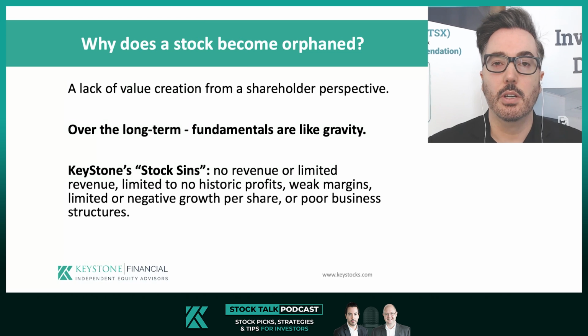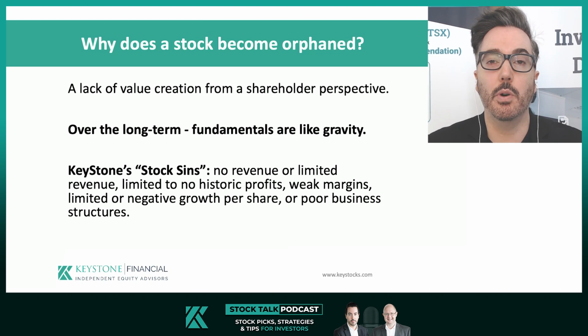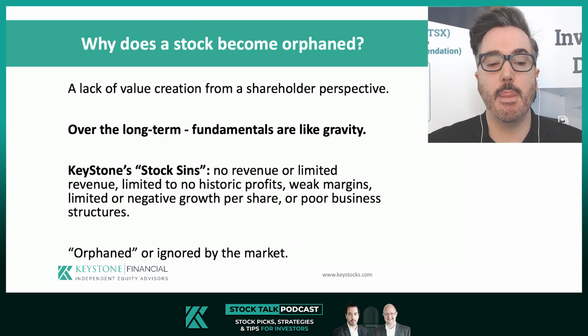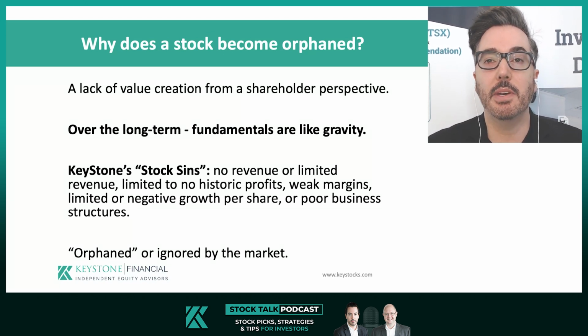Basically, these sins are essentially the antithesis of what we are looking for in a great long-term stock. Now, if a stock continuously has these symptoms over the long term, it can become orphaned or ignored by the market.